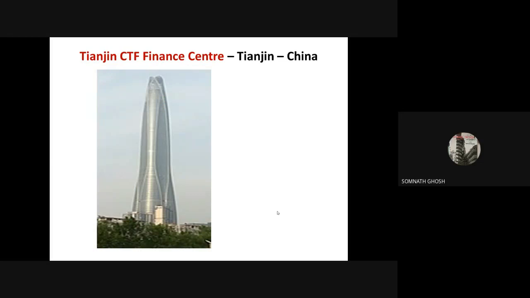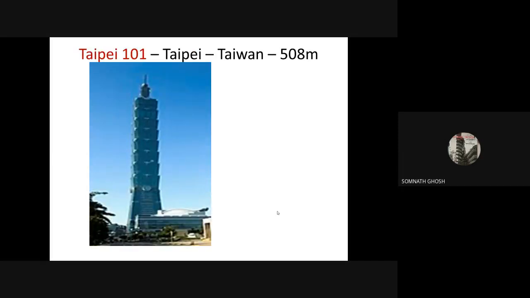This is Tianjin CTF Finance Center in Tianjin, China. This is also, the architecture is different. Taipei 101 in Taipei, it is 508 meters tall. Here also the architecture is different. Now you see, for every building, it is not that they made the architecture different just for architectural reasons.